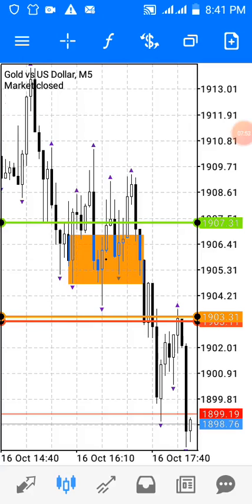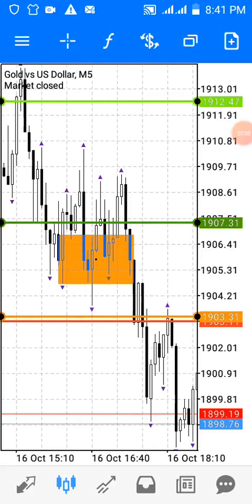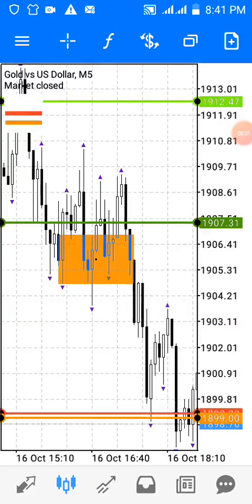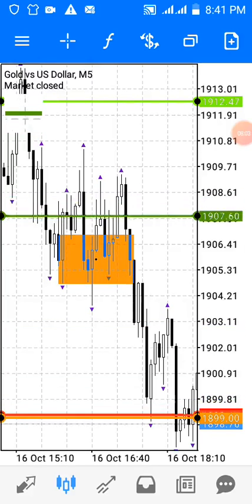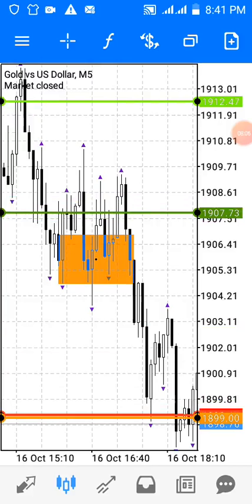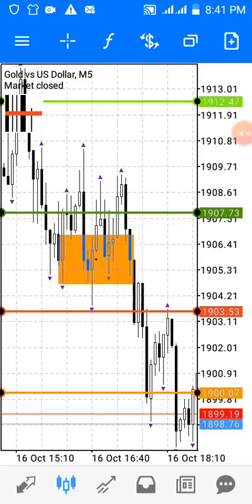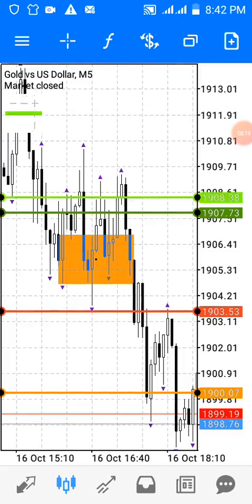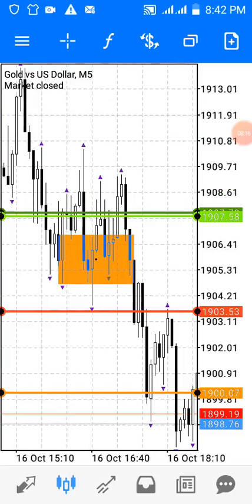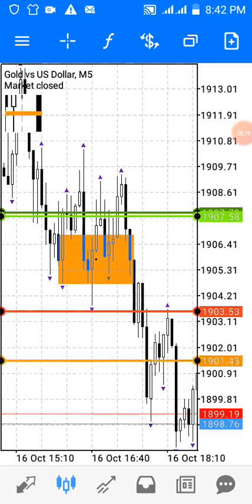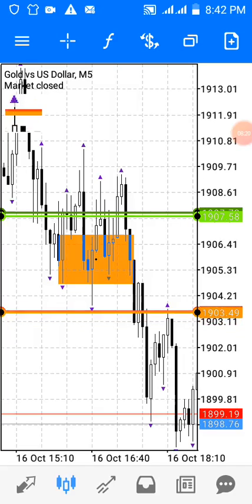Now the summary is that we are going to have just this buy trade here. Then if price goes against us, we introduce the first edge trade. If price goes against that first edge trade, we introduce the second edge trade. If price goes against that second edge trade, then we introduce the last and final edge trade, which is the third edge trade.